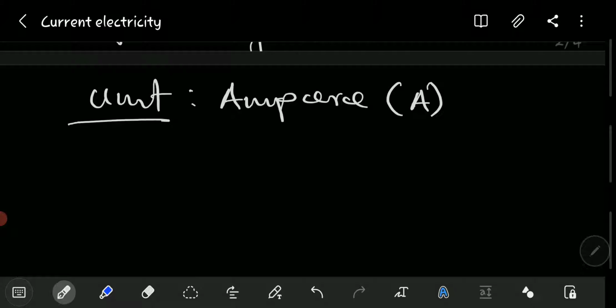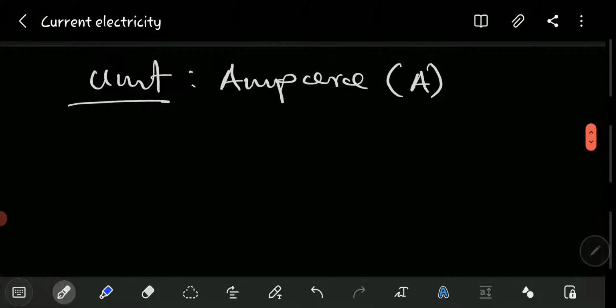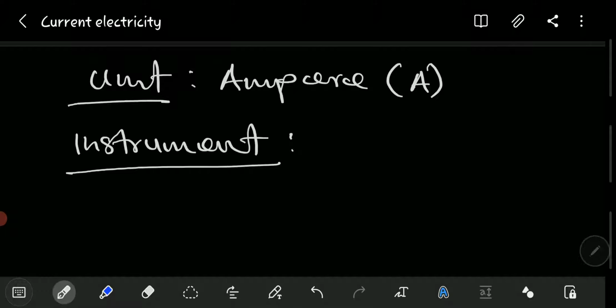All right. Then instrument. We now move to instrument. It is important to note that any physical quantity should be measurable, and anything measurable obviously will have something that we can use to measure it, and that is why I'm emphasizing so much on the unit and the instrument.